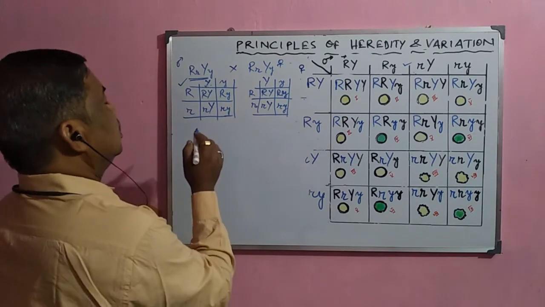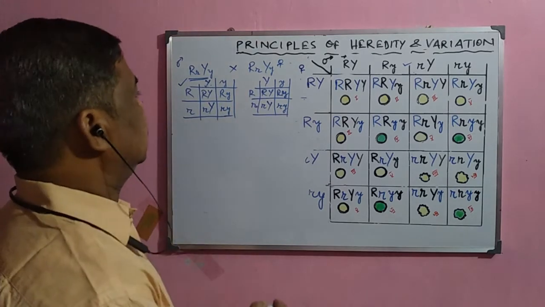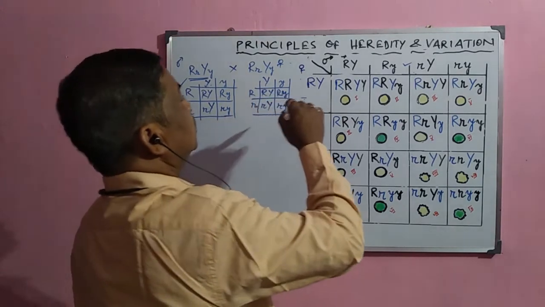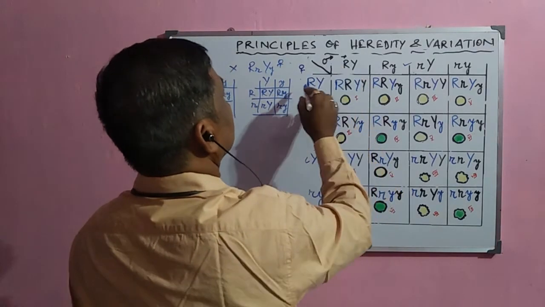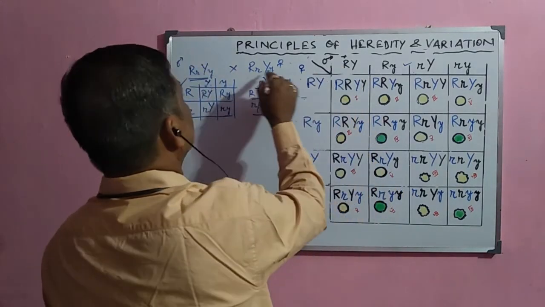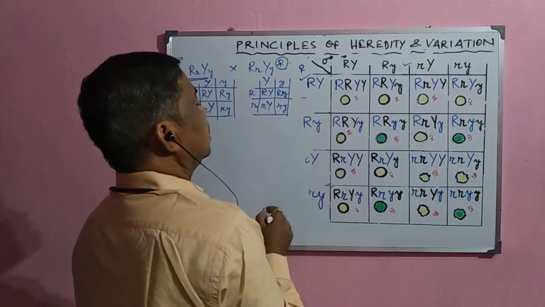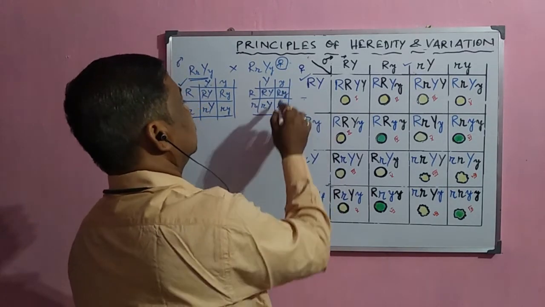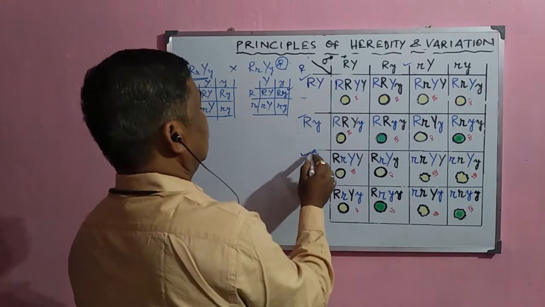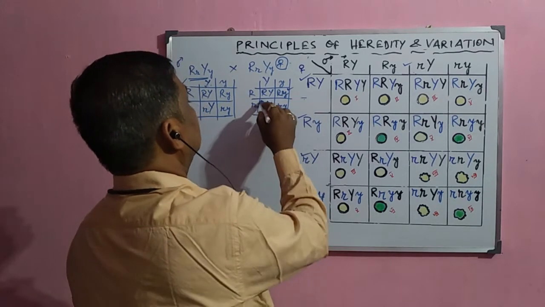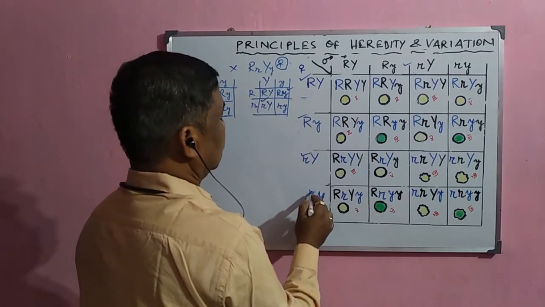Now, when all these 4 gametes, look at here. This is the female gamete: capital R capital Y, capital R small y, small r capital Y, and small r small y.